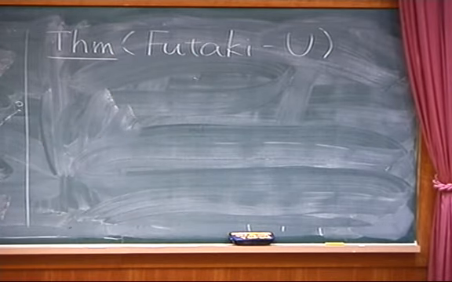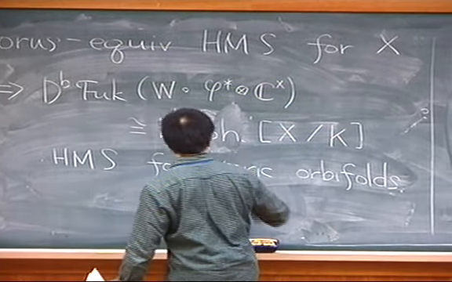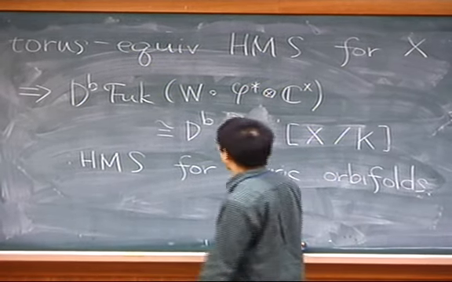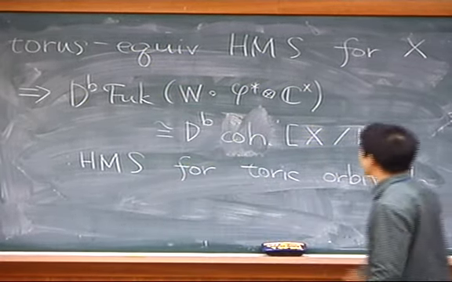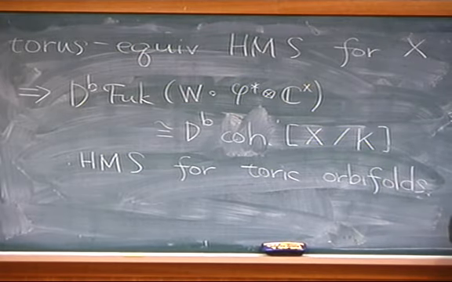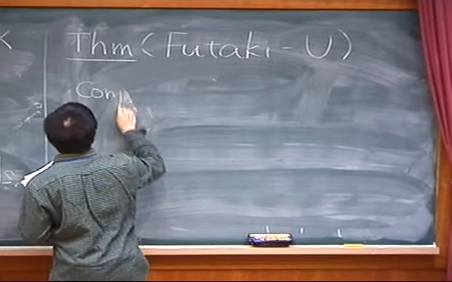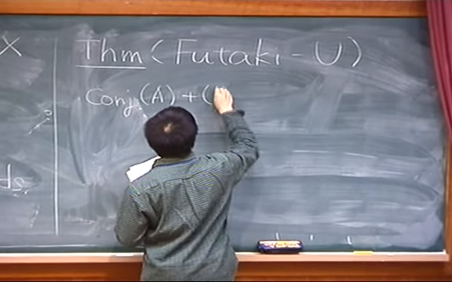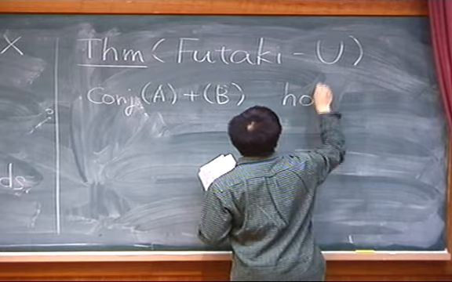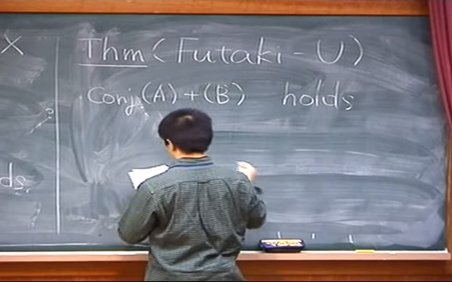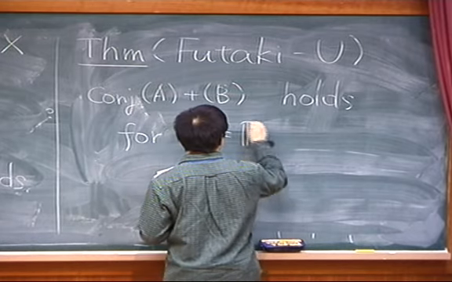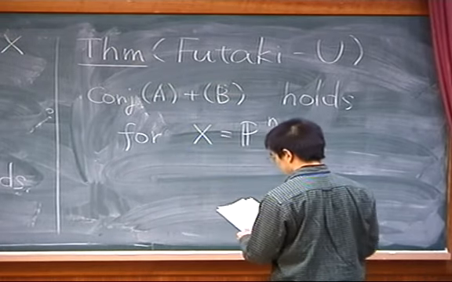So for example, if you choose K to be a trivial group, then you get the ordinary homological mirror symmetry. And it holds for the projective space of any dimension n.